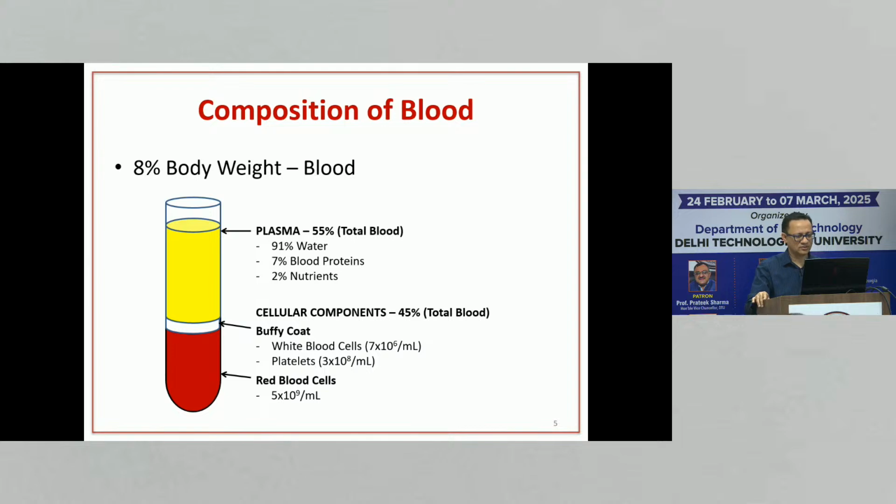We will talk about it later, but I have a little interesting thing to tell you. When we centrifuge blood, we get platelet rich plasma. This plasma has a lot of platelets in it.